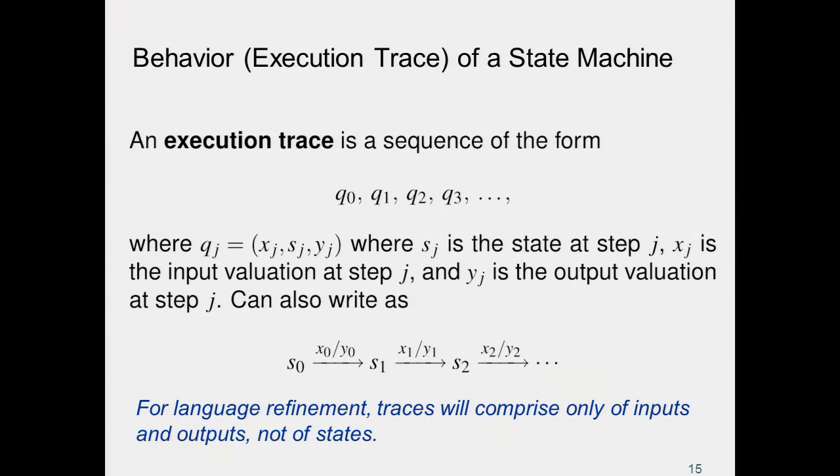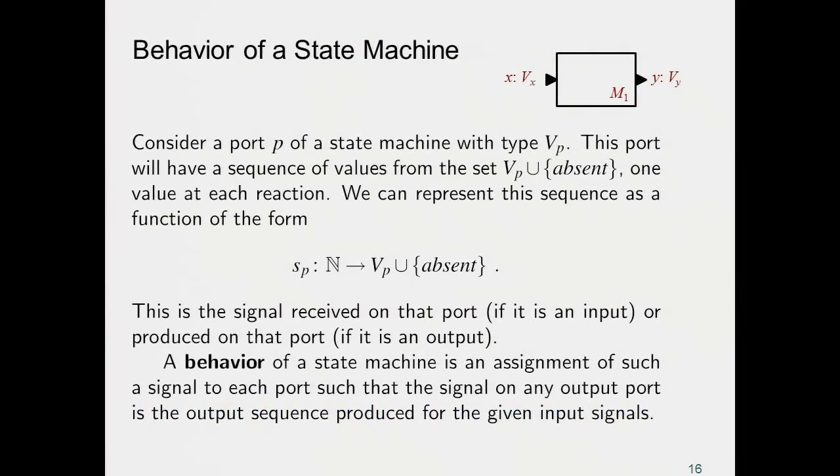Because now, for example, I can distinguish between the responses of these two guys, because now I have the states in it. And so he was in the stuttering state, you were in a different state. So the sequence of states is different. That is the reason why traces include another concept in the language than simply the inputs and the outputs.